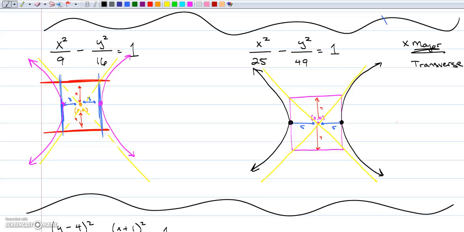Let's think back to geometry for a minute. You're talking about parallel lines and there was a line that went straight through them. We call that a transversal because it's going across all of the lines that you had. This is a transverse axis because it is going across the actual hyperbola. The transverse axis for this particular problem is this one.